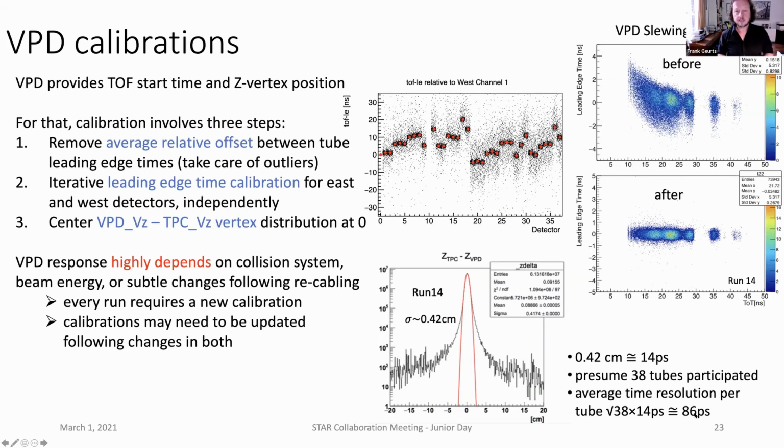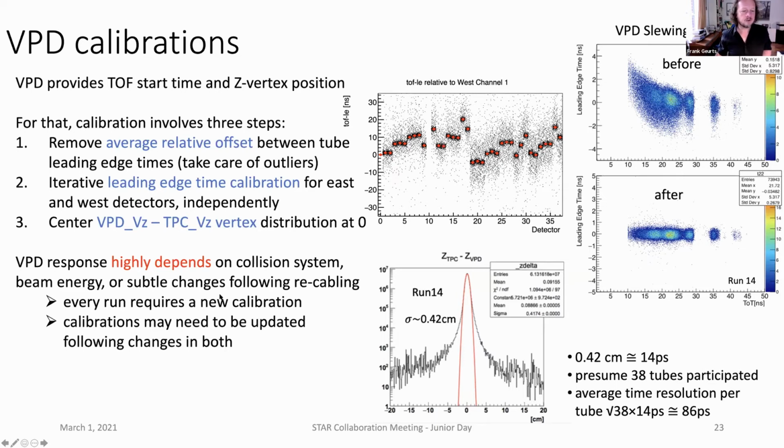The VPD really shines because, especially in heavy ion collisions, you have a lot of tubes participating. So the effective time resolution of the VPD overall quickly drops.